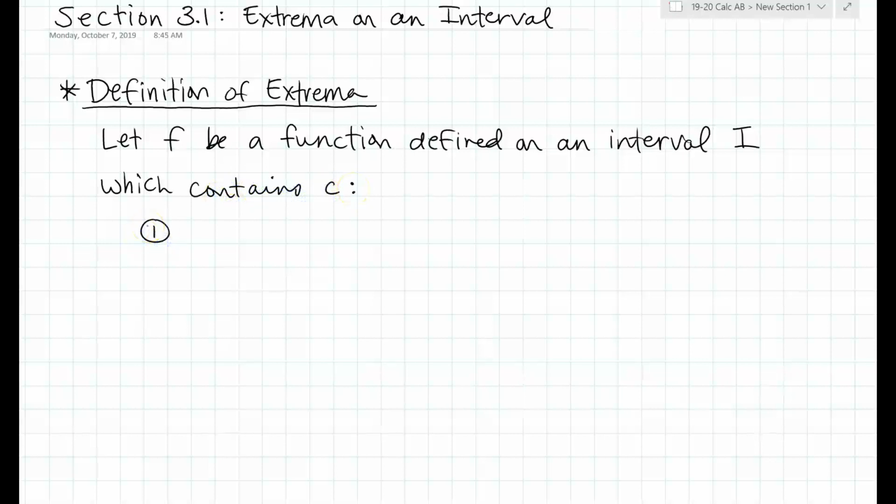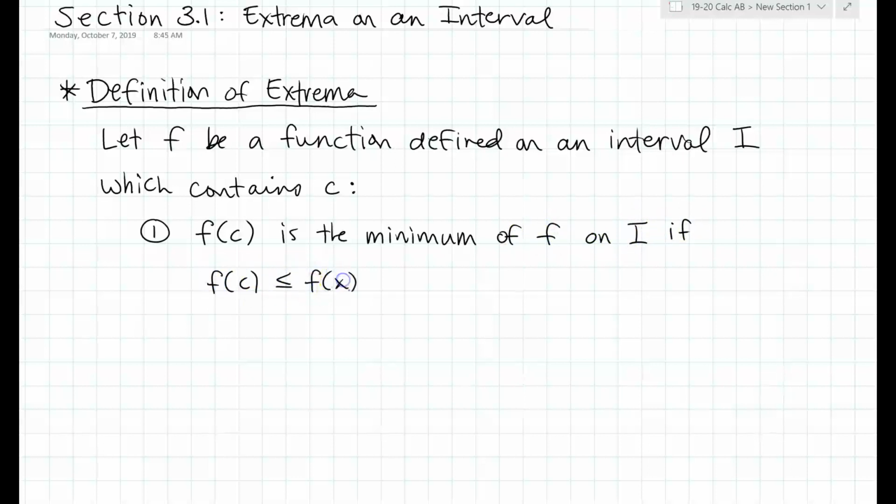Number one, f of C is the minimum of f on I if f of C is less than or equal to f of x for all x in I. Go ahead and write that down.